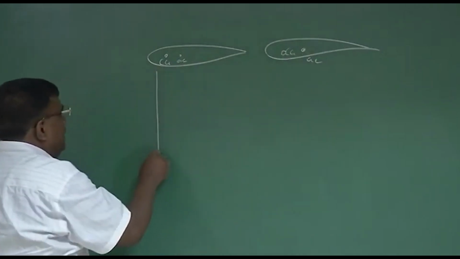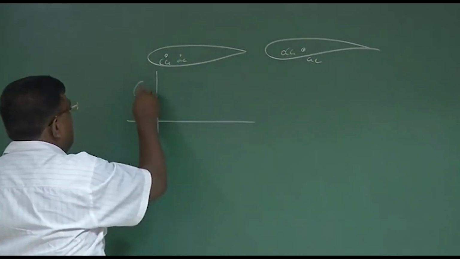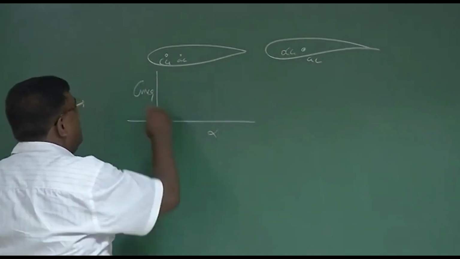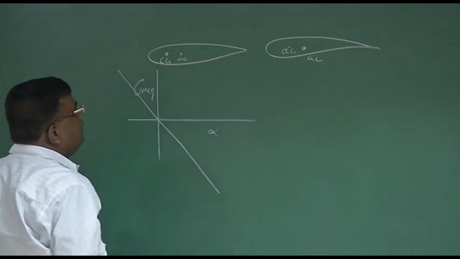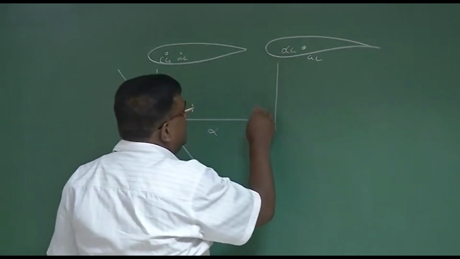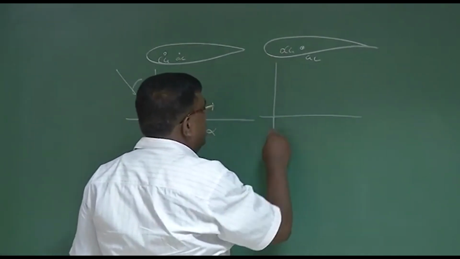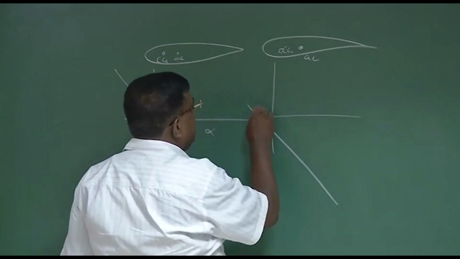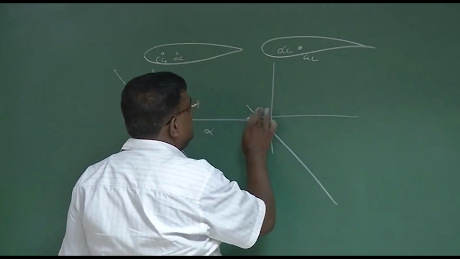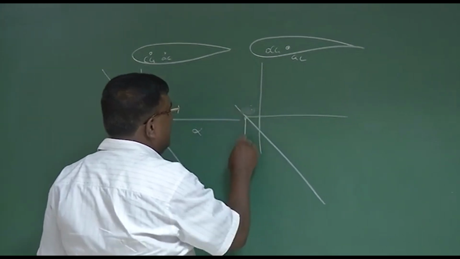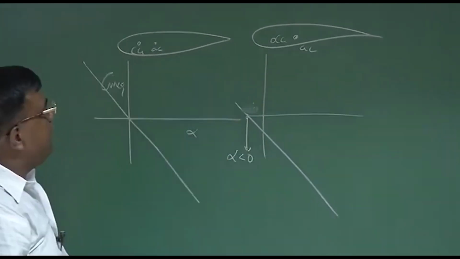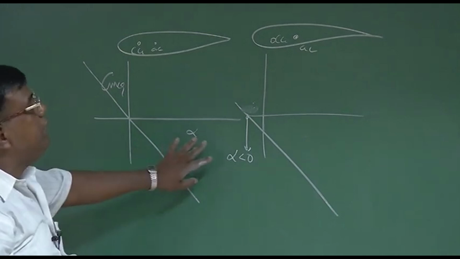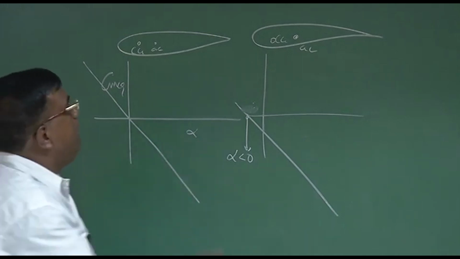So when I plotted CM CG versus alpha, it was like this. When I plotted here, it was like this, and this is negative angle. This alpha here is less than 0. This part is clear to us, and both of these configurations are not what we are looking for.